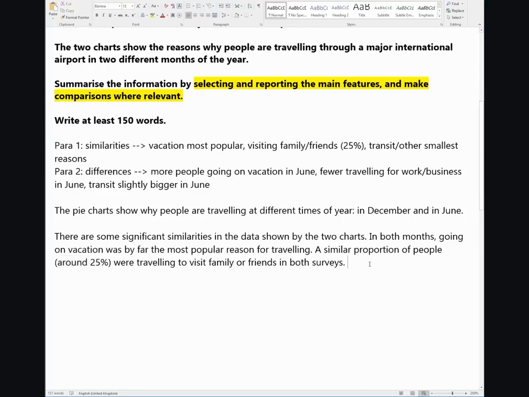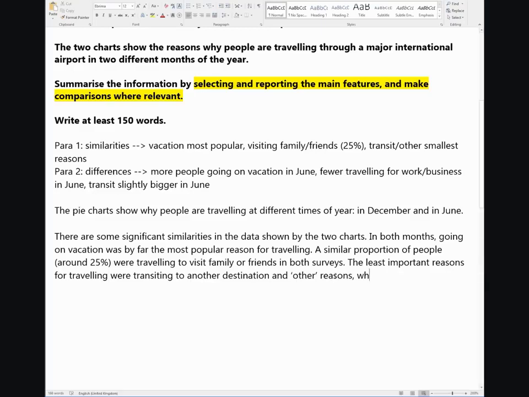Okay. Right, I keep getting distracted and I really don't have much time for this task, so I need to keep going. What else am I talking about? Transit or other. All right. Okay, how do I make this more specific?